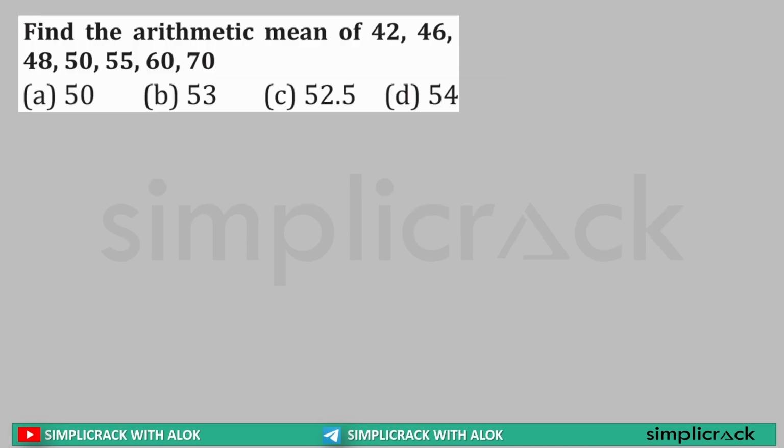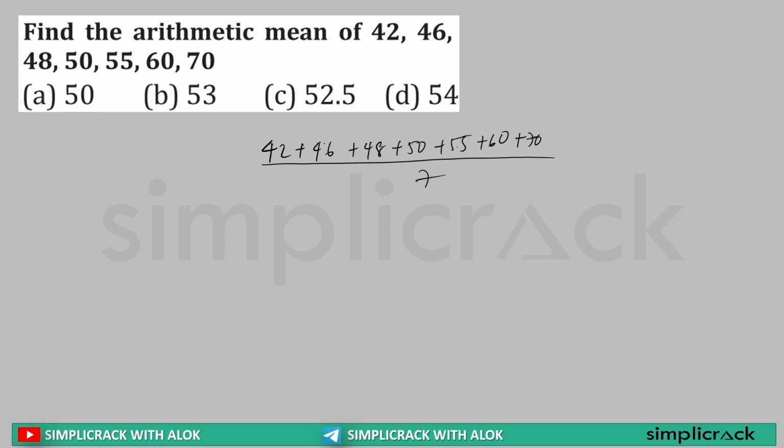Now, find the arithmetic mean of this. Arithmetic mean is the average of everything. So I will simply add everything: 42, 46, 48, 50, 55, 60, 70, divided by how many numbers: 1, 2, 3, 4, 5, 6, 7.